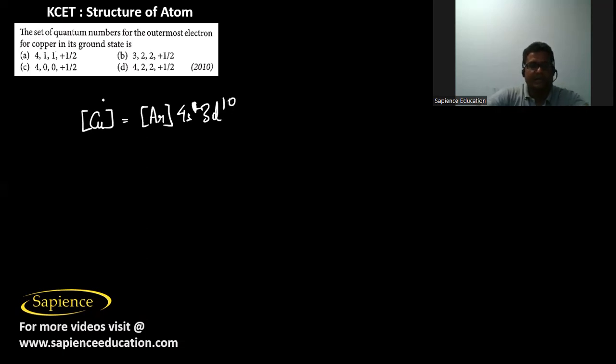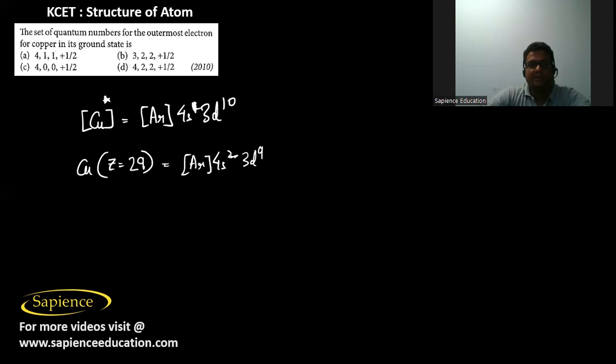Here it has an exceptional electronic configuration, since for copper the atomic number is 29.